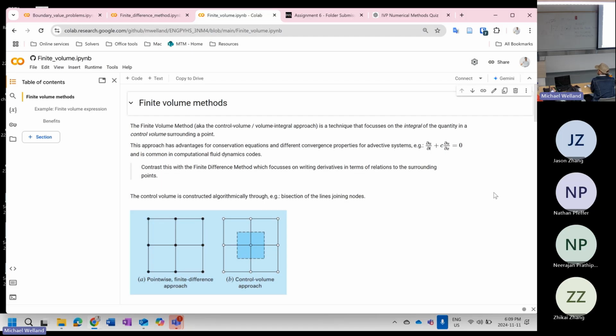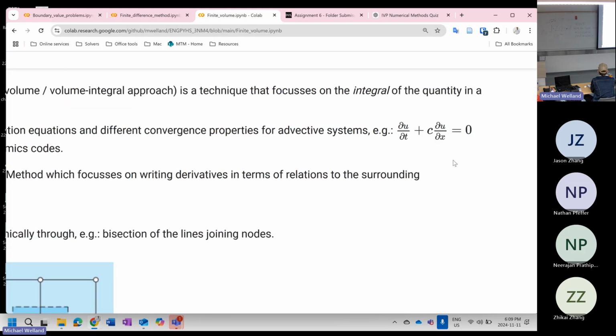Do you guys remember what advection is? Don't you hate when profs say advection is a term that looks like this? Advection is something like, you're on the side of a stream, right? You drop in some dye and the stream isn't moving, stationary water. That dye is just going to disperse.